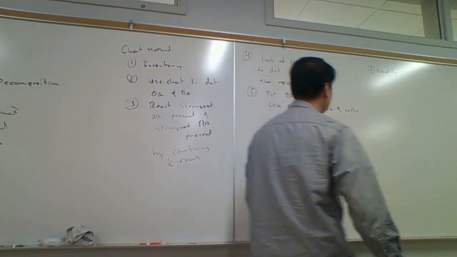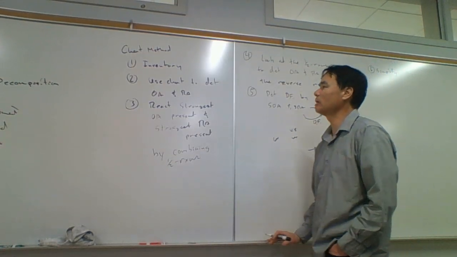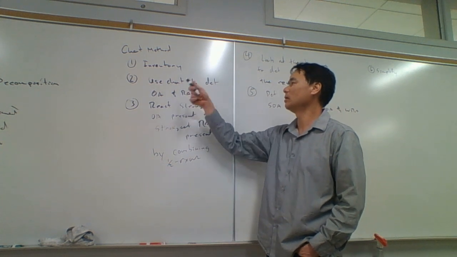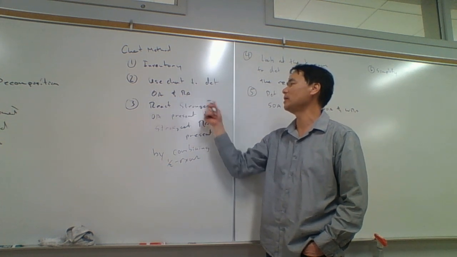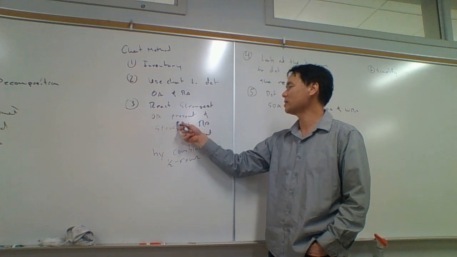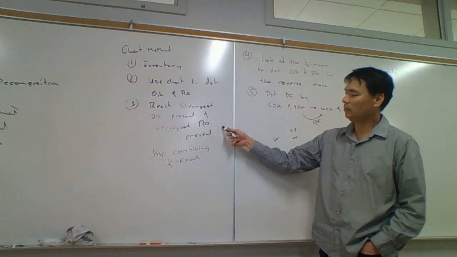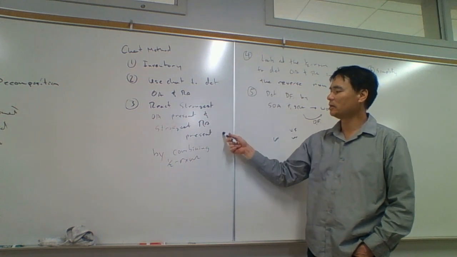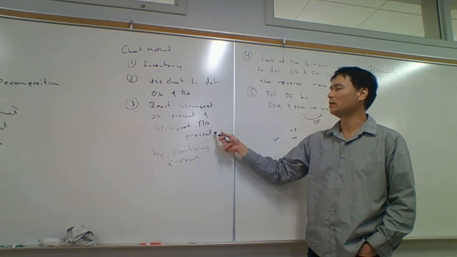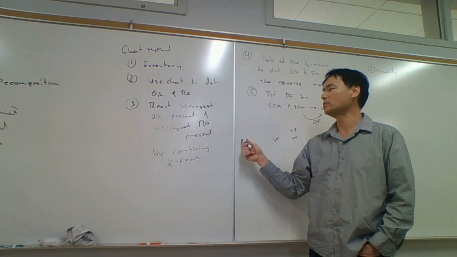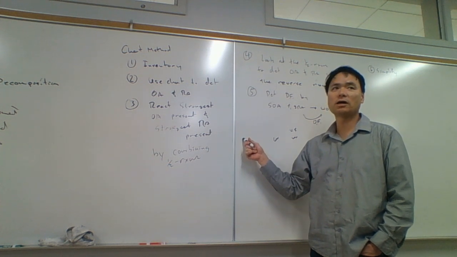All right, so this method is very similar to Bronsted. In Bronsted acid, you inventory, and then you use the chart to find the acids and the bases. Then you react the strongest acid with the strongest base present. One of the key differences between Bronsted and this is, for Bronsted, the acid loses a hydrogen, the base gains a hydrogen.